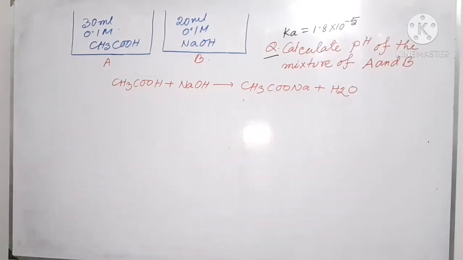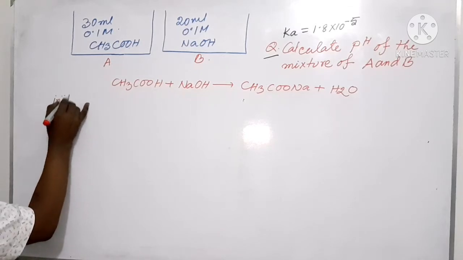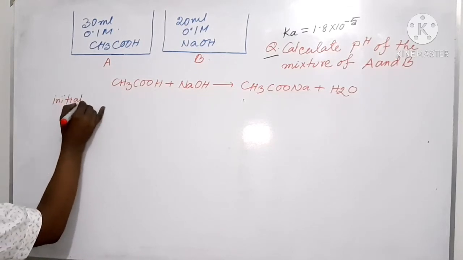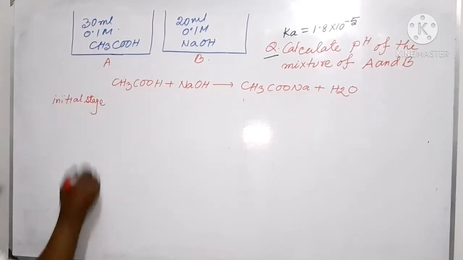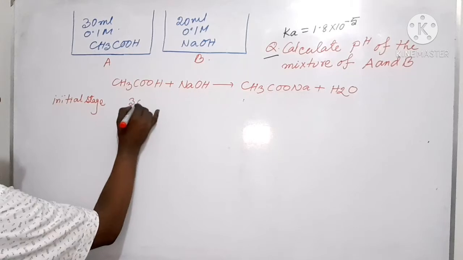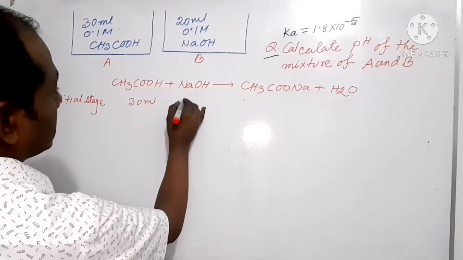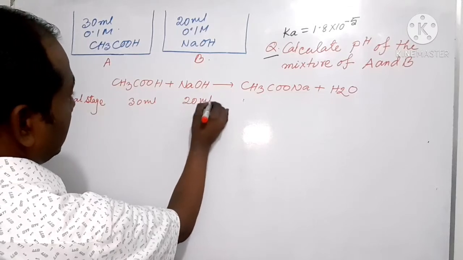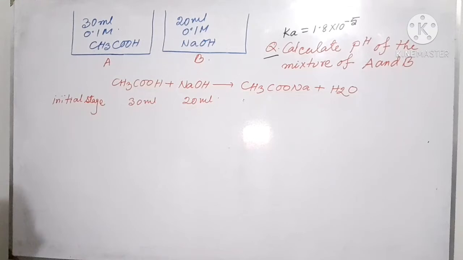At the initial stage, the given acetic acid solution is 30 ml and sodium hydroxide solution is 20 ml. Their concentration is equal.